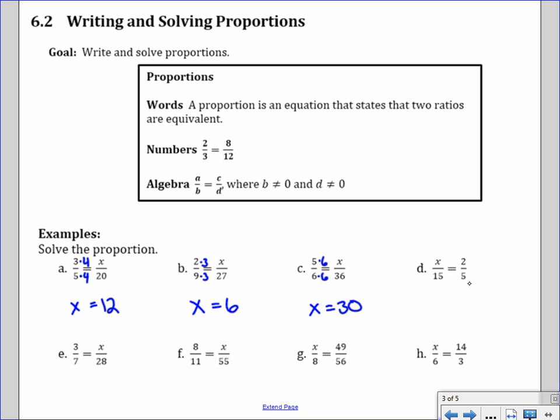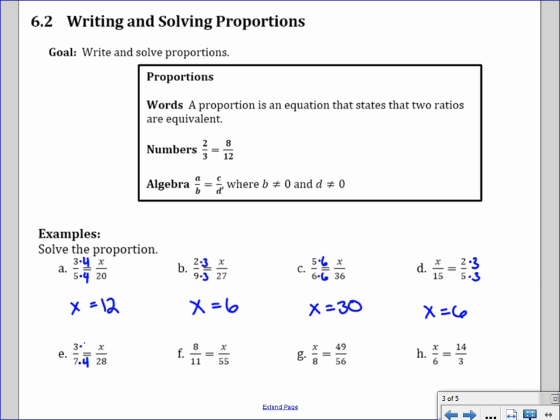D, we're going to go backwards. 5 times 3 is equal to 15. So 2 times 3 is equal to x. And x is equal to 6. E, 7 times 4 is equal to 28.